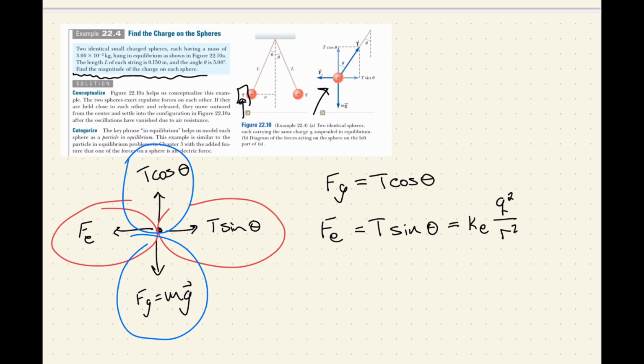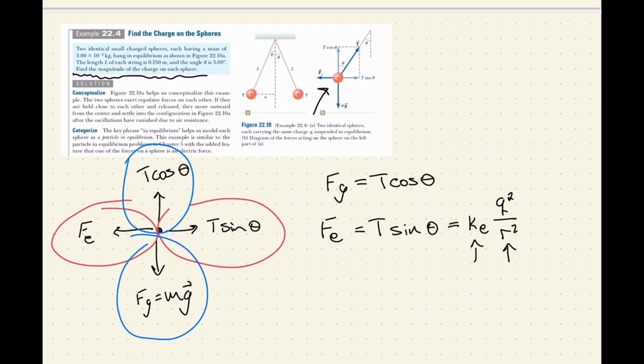If everybody is comfortable with that, then, well, what do we do next? We have this value, Ke. We have R because they give us A, so R between these two is just 2A, right? What we don't have is this tension. So what do we do?